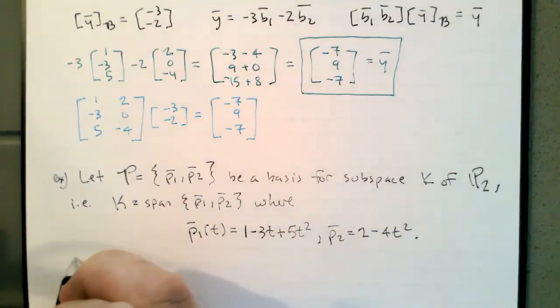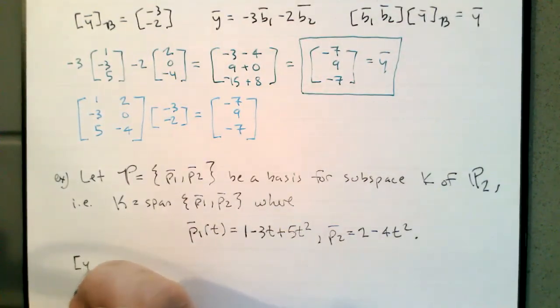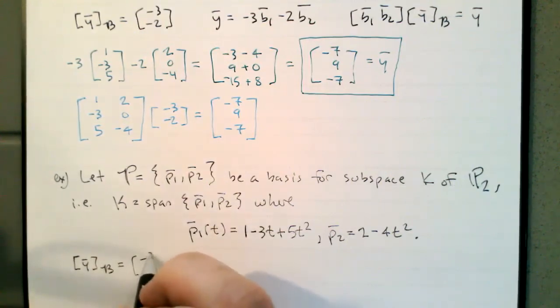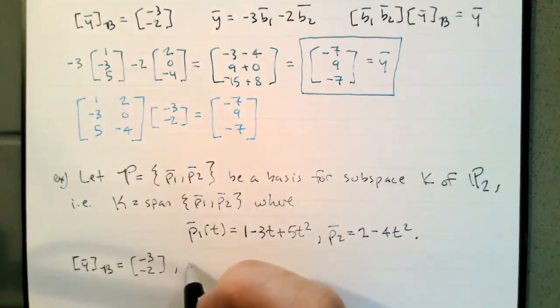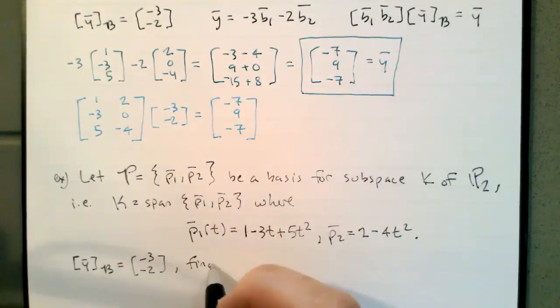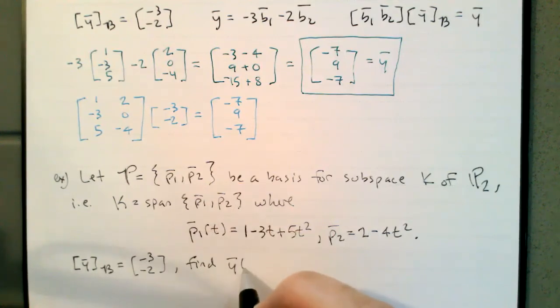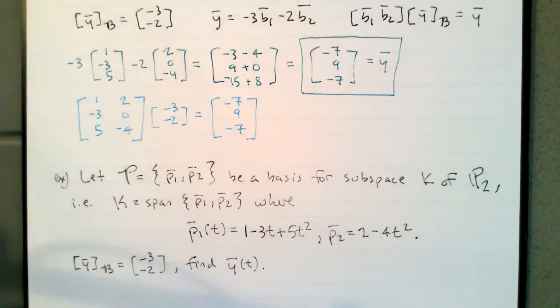So for example, if the coordinates of y relative to b are -3, -2, the y that we're looking for now is going to be a polynomial. We can just use the stuff that we've had before.